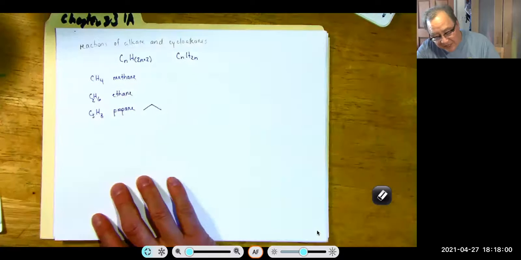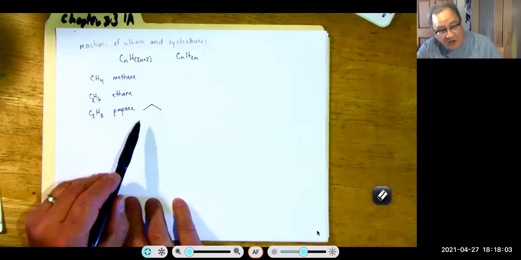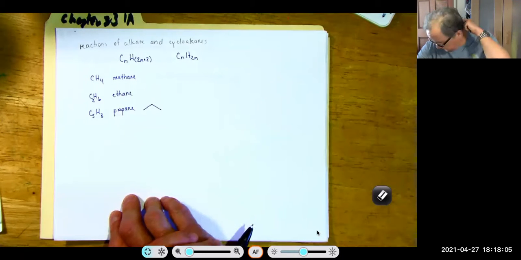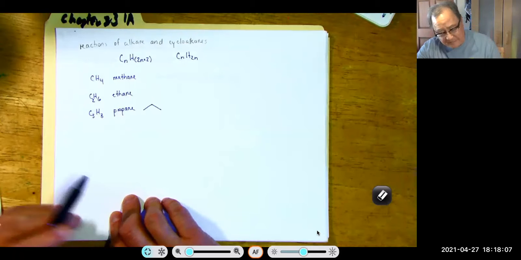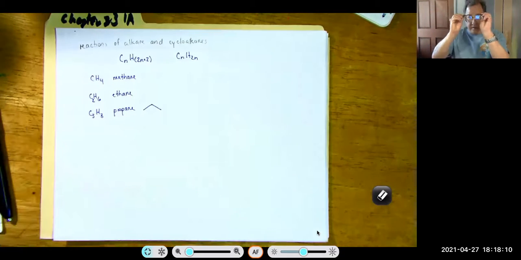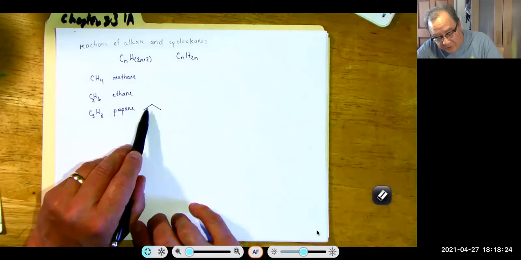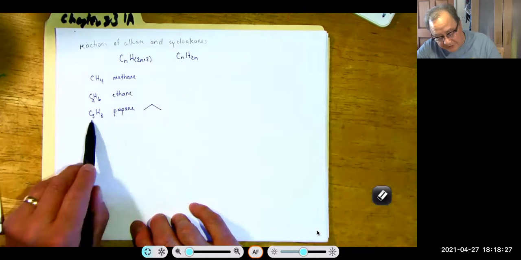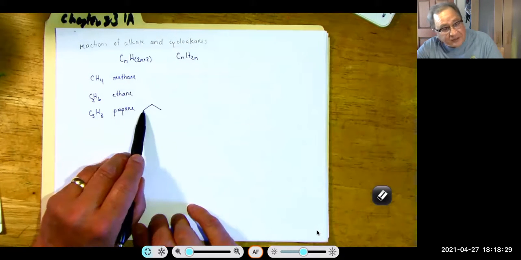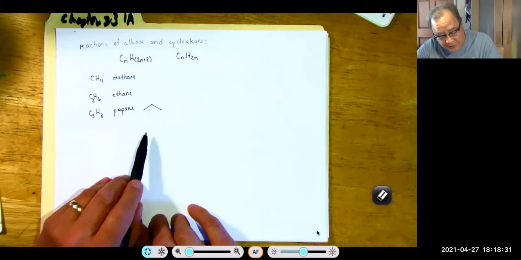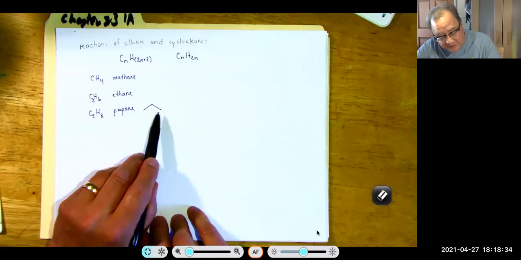So just take a moment and see if you can count 3 carbons here and 8 hydrogens. Okay, now to help you out, there's carbon 1, carbon 2, and carbon 3. So 3 carbons. This carbon has 3 hydrogens. This one has 2 and this one has 3. 3, 2, and 3 is 8.